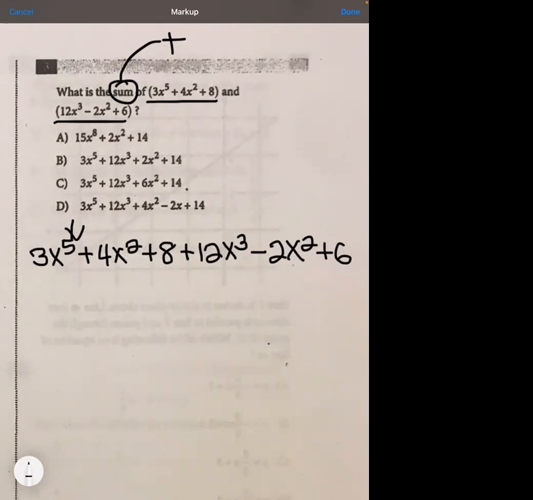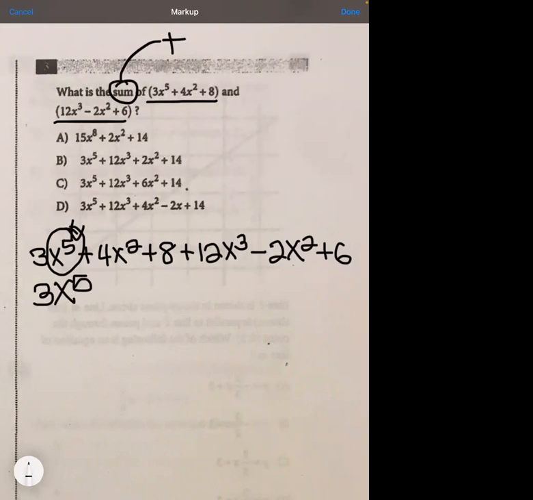What I was saying is that in order to simplify this, we need to find the terms with x to the power of 5. The equation does not have any values besides this one with x to the power of 5, so we will just copy this down.